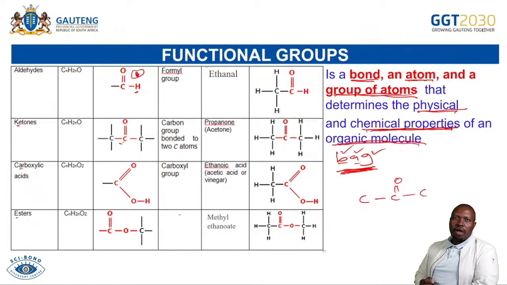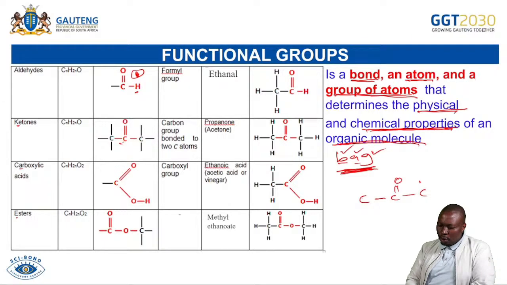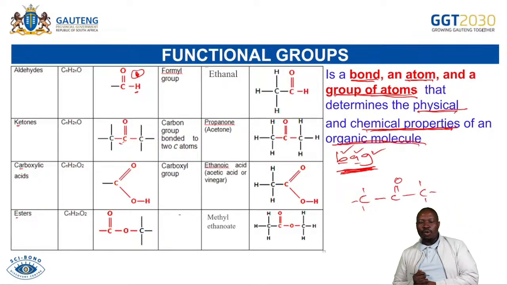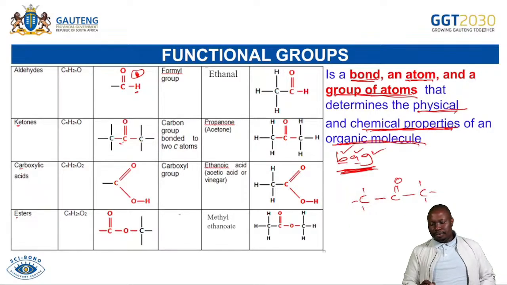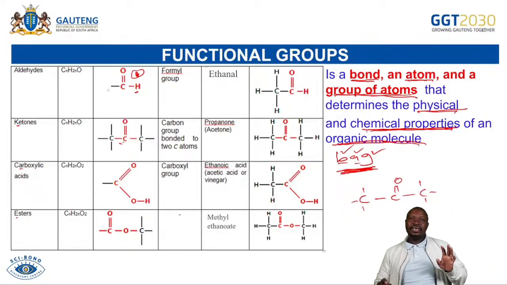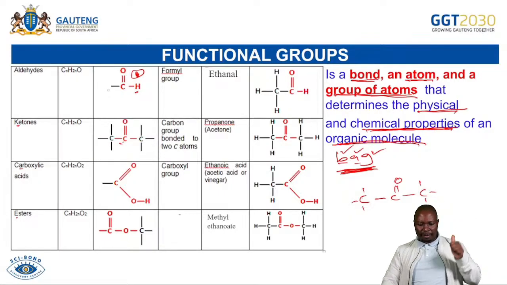That will be wrong, because the carbon must always have 4 bonds around it. So you will show all the bonds that surround that particular C double bond O. So it's very important. When it comes to aldehyde, it's a C double bond O bonded to hydrogen, but indicate that bond as well to show that a carbon will always have 4 bonds around it. You see, it's very important.